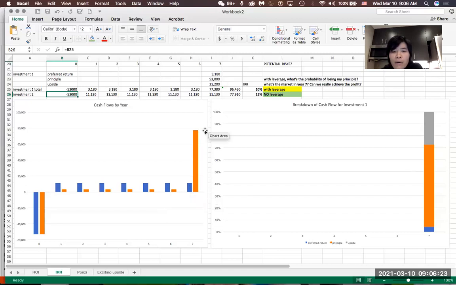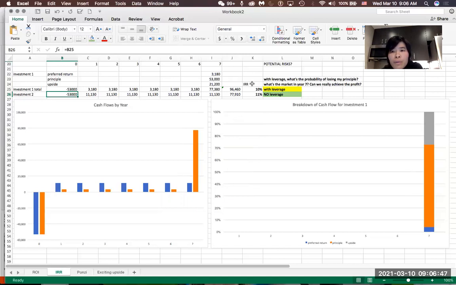So, okay, now, after we talk about how likely that you can earn this cash flow in year 7, let's look at what is the right measure to calculate the return. As I mentioned, the IRR, internal rate of return, is a widely used return calculation in the financial industry.